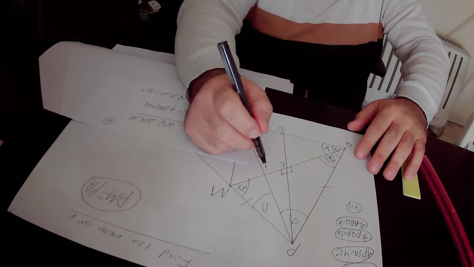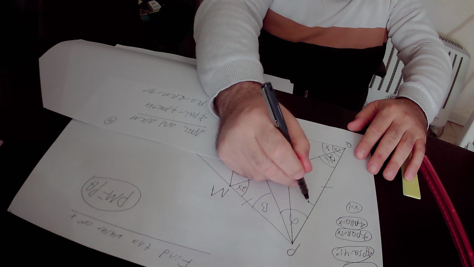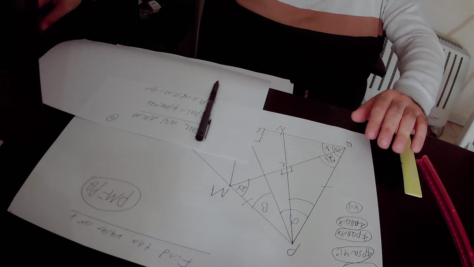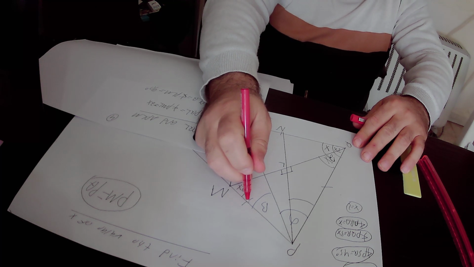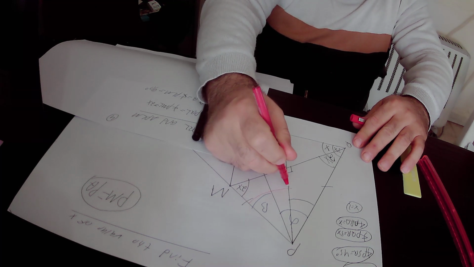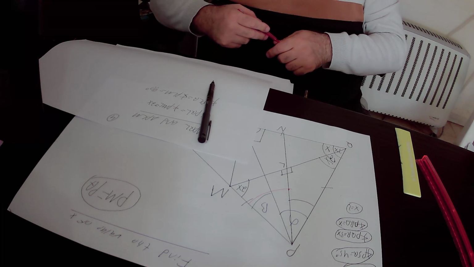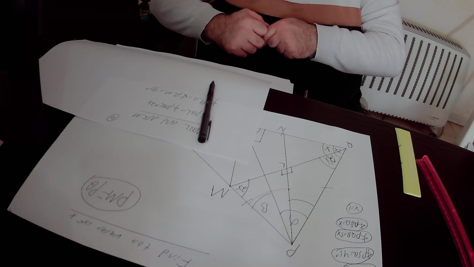And those two angles, this angle and this angle, will be equal to each other according to the third angle theorem.